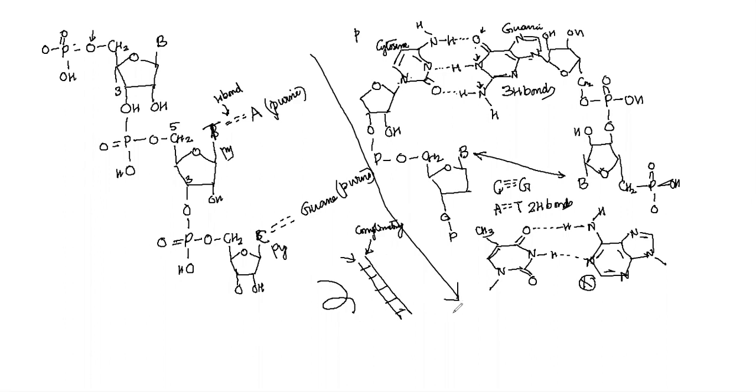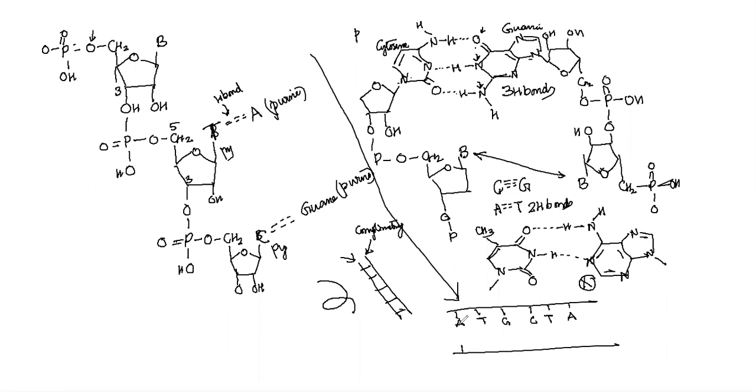Similarly, here also in the DNA, if you have one strand containing different bases like A, T, G, C, T, A, like this, if you draw the bases of one strand, very easily you can find what will be the bases on the other.